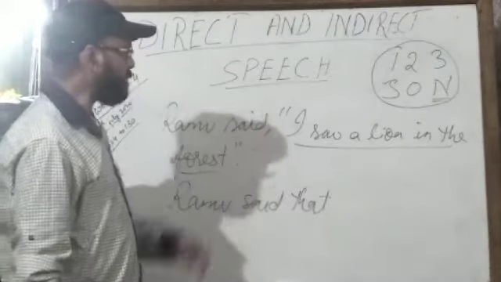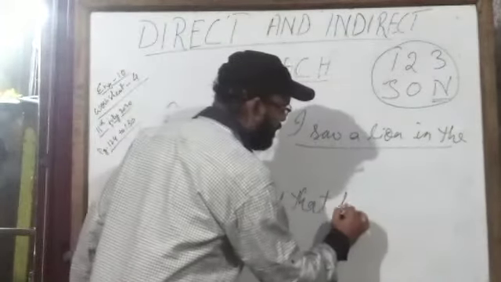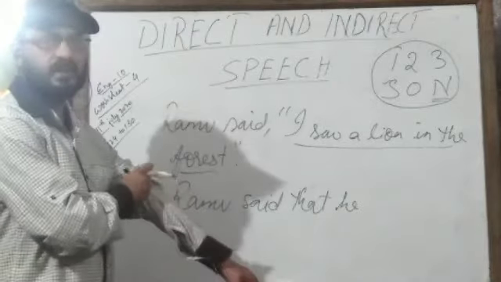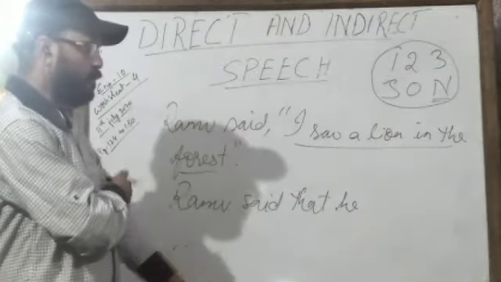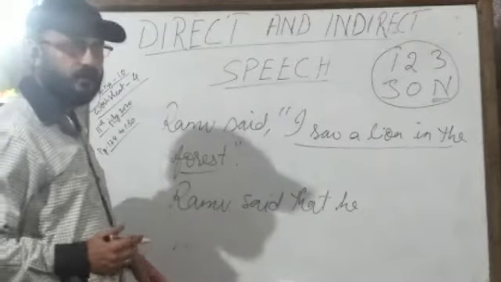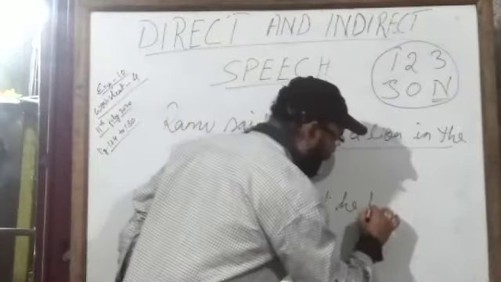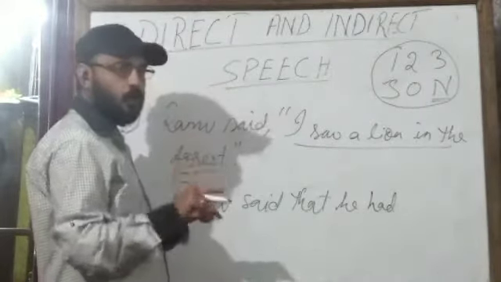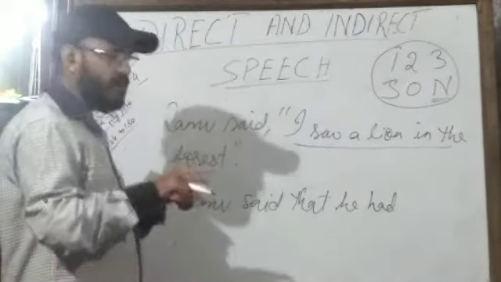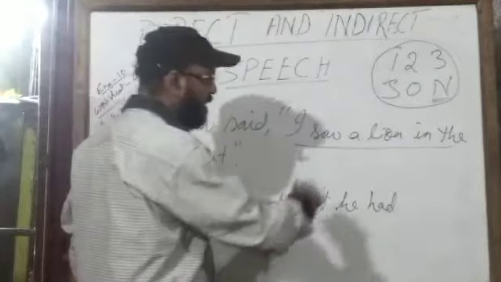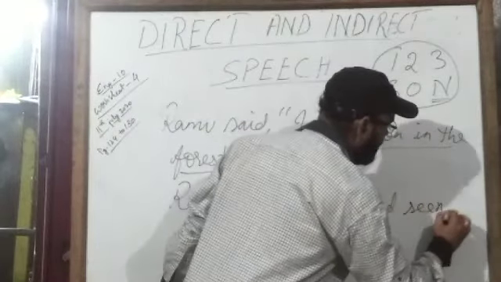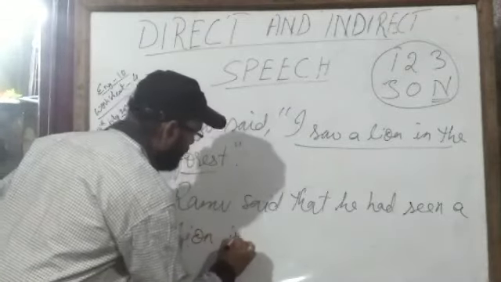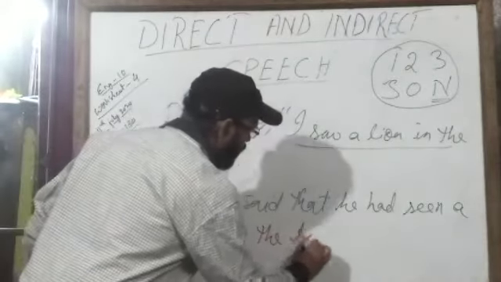So that, I is first person, so it will be changed to he. Now we have to change it into past perfect tense. In order to make it past perfect tense, we need to add had plus the third form of verb. What is the third form of verb? See, saw, seen. He had seen a lion in the forest.